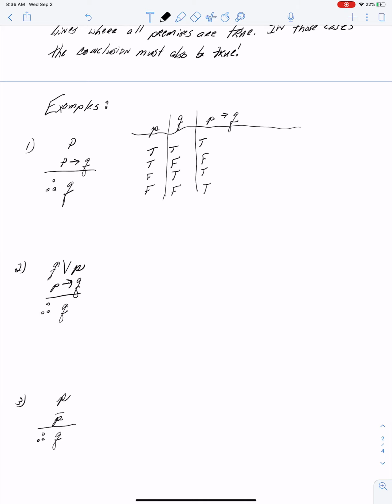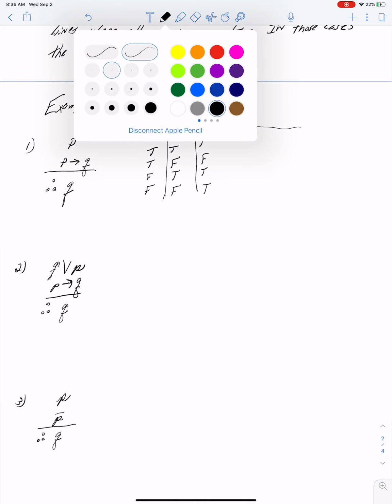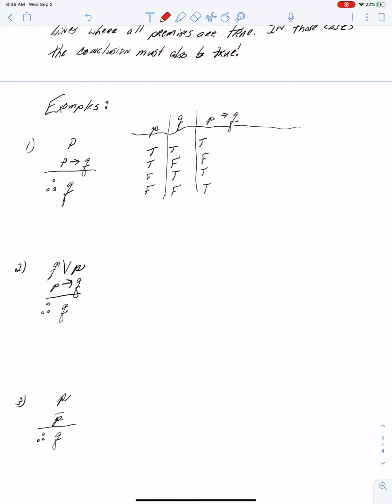The point is I look at only those lines where all the premises are true. Now, what are my premises? P and P implies Q. All right, so I look at P and P implies Q. Here, they're both true. And that's the only place. So that's the only line I have to look at.